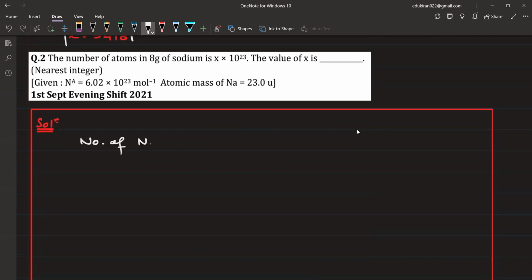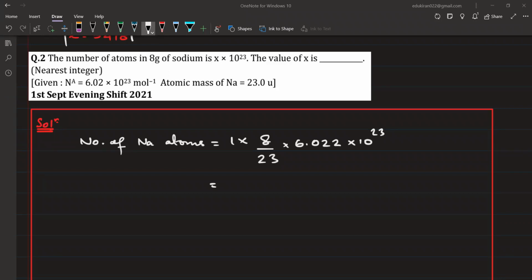The number of sodium atoms is equal to 1 into 8 by 23, into 6.022 into 10 to the power 23. What is the answer? I'm calculating that.